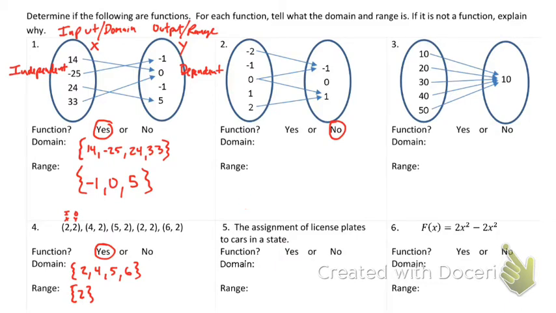The input for number 5 is all license plates. So all license plates that exist in the world. Okay? So this is my input or domain. And what it's saying is, is it a function if we do the state license plate?